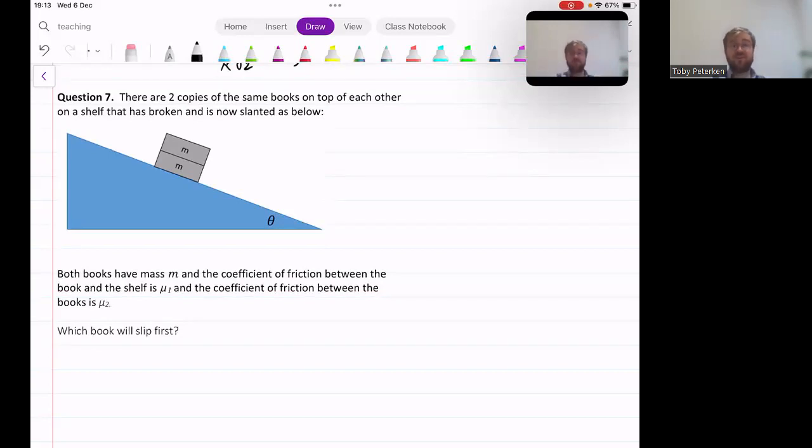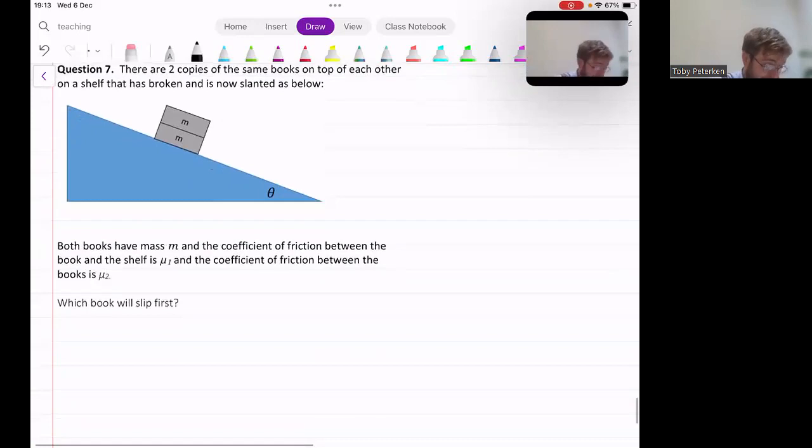In other words, if the bottom book slips first, then both books will slide together. If the top book slips first, then the top book is going to fall off the bottom book, and we'll end up with two books next to each other.